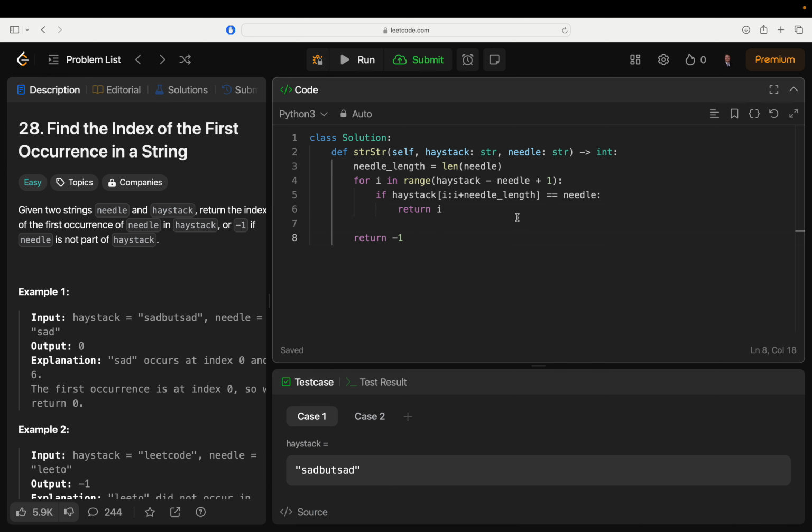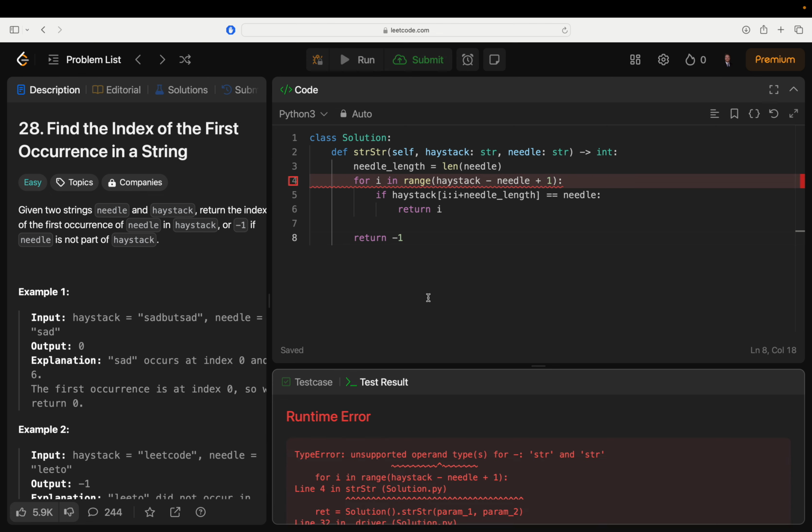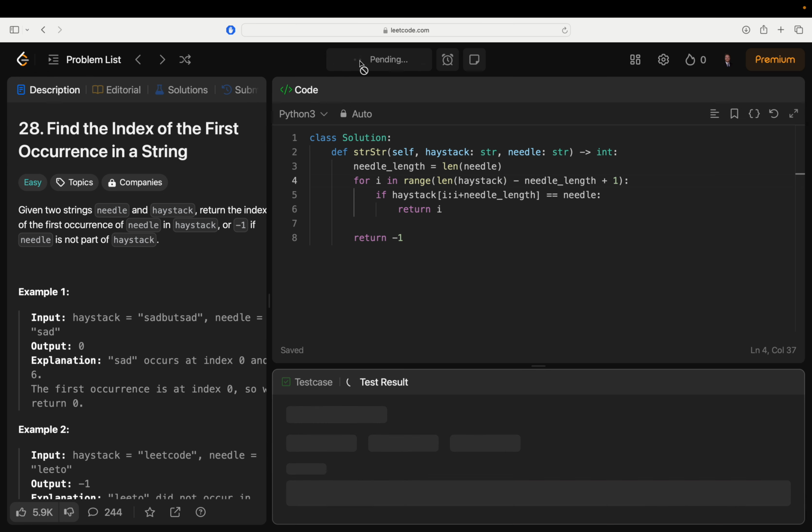And then if we go through that and don't find anything, then we just return -1. Would that work first try? That would actually be kind of cool. Yeah, I don't think so. Oh, yeah, of course. What am I thinking? It's not the whole string, it's the length of them.